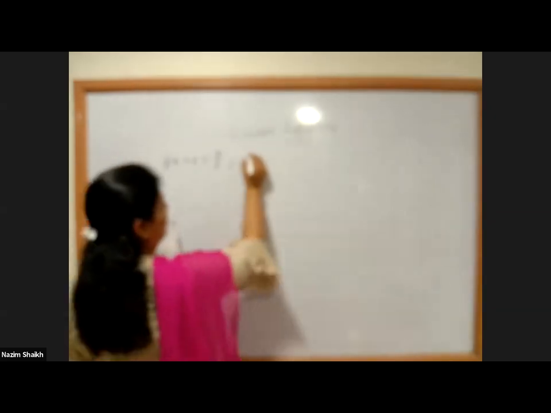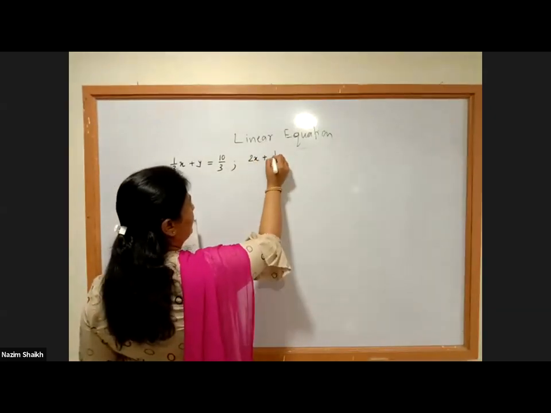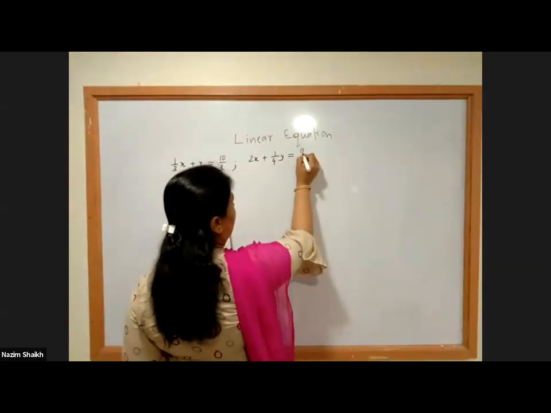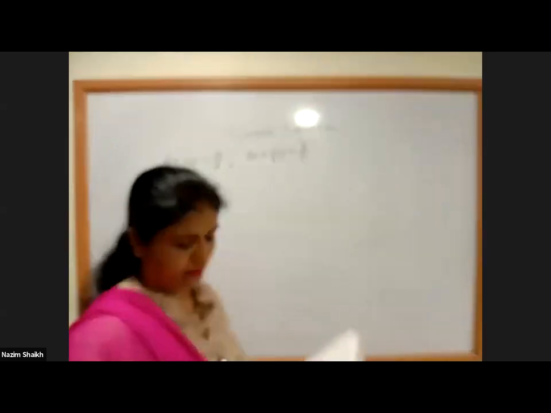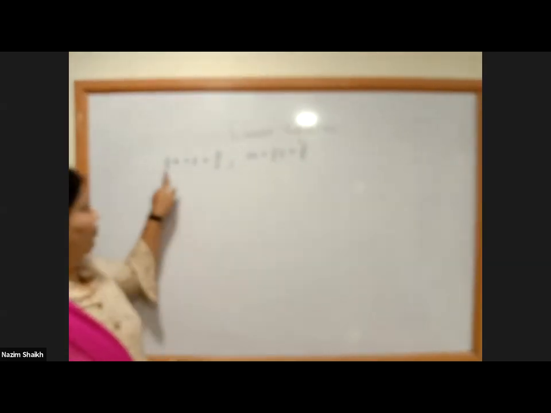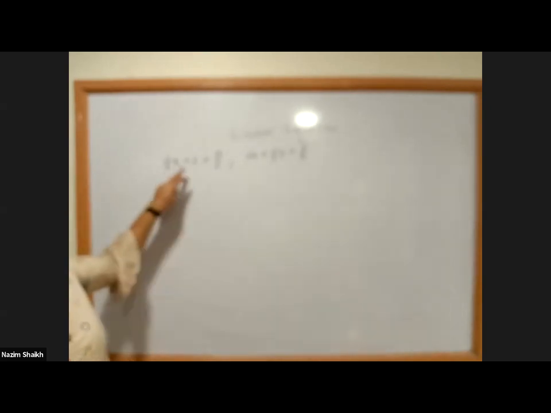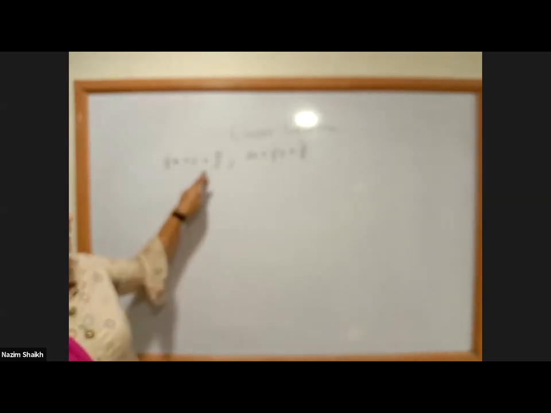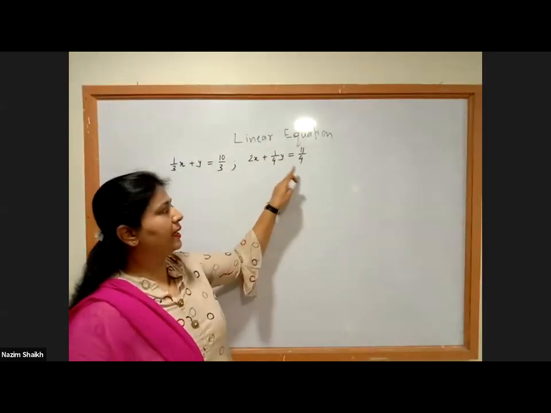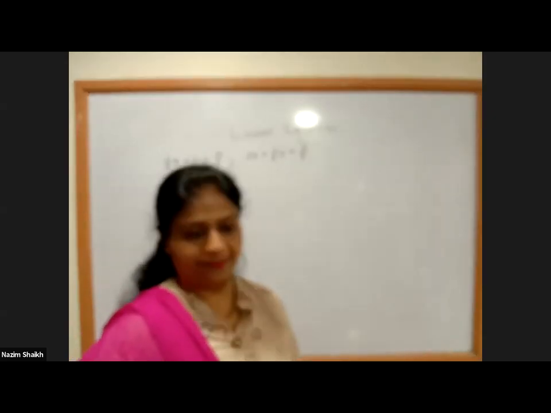On the next question, the equation is 2x plus 1 upon 4y is equal to 11 upon 4. I'm repeating, the question is 1 upon 3x plus y is equal to 10 upon 3 and 2x plus 1 upon 4y is equal to 11 upon 4.